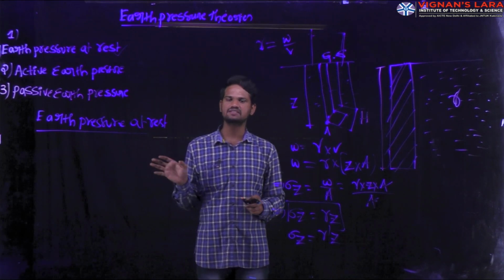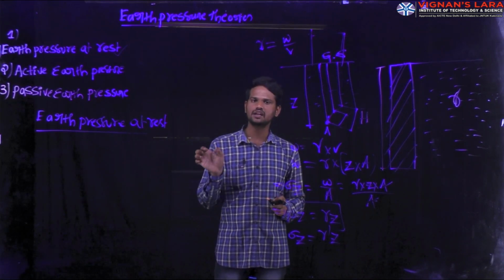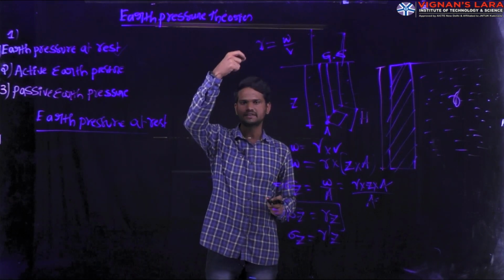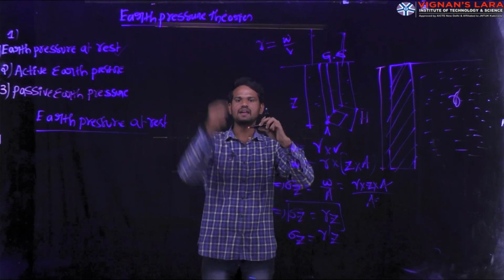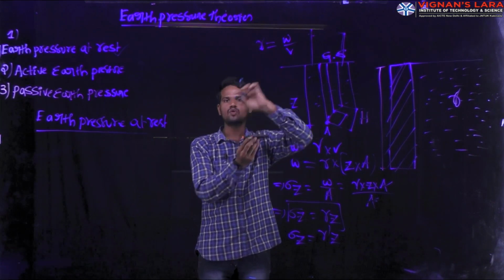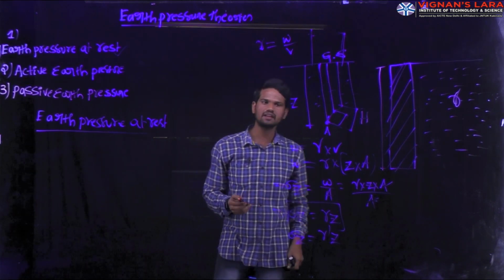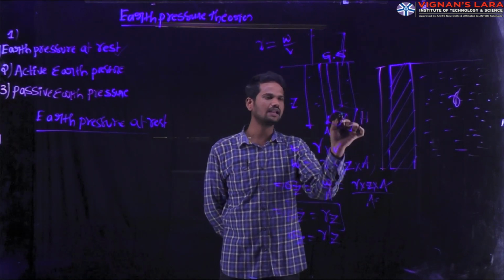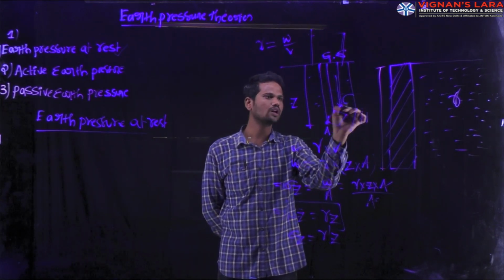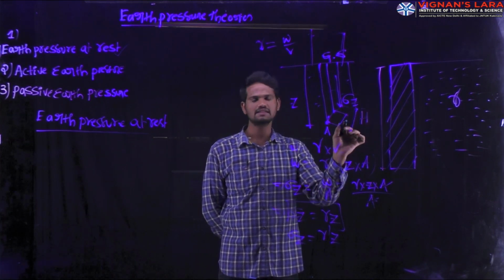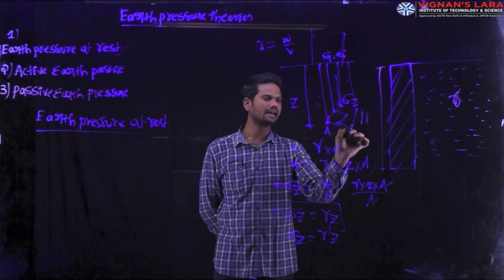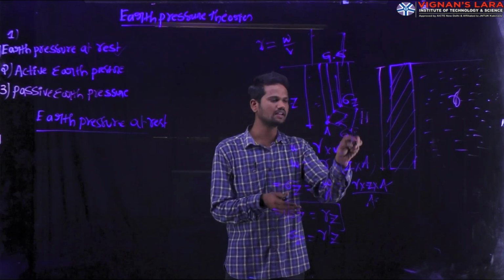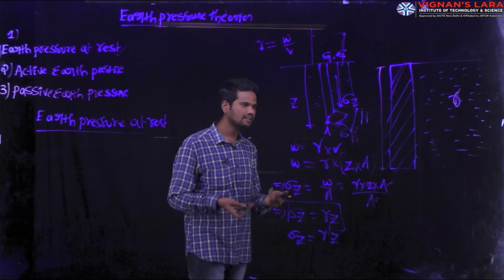That means we have to calculate how much horizontal pressure and how much vertical pressure is acting on the soil element. In this soil element, this is the vertical pressure acting on the soil, and in the lateral direction sigma h is the horizontal pressure.